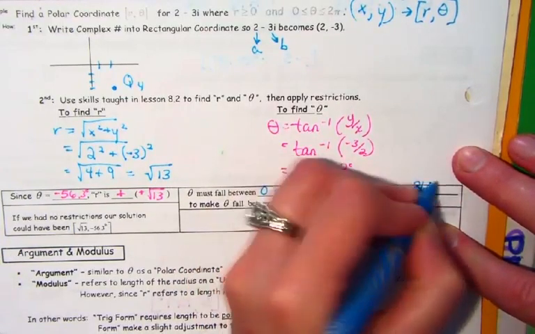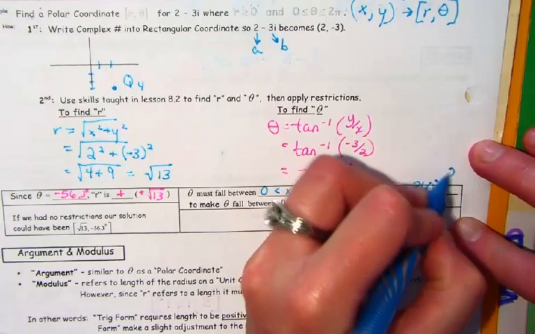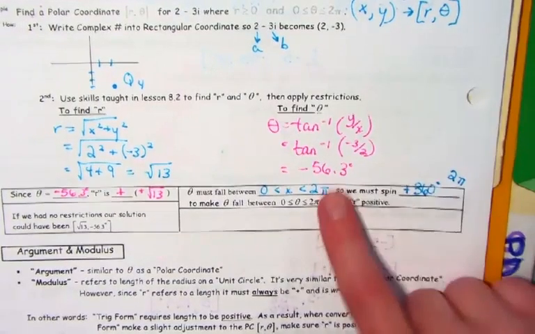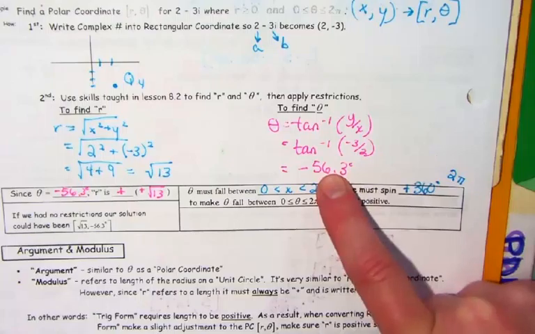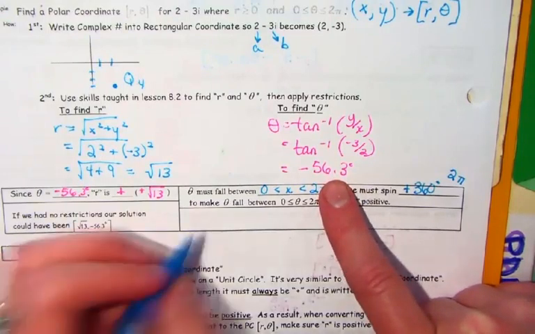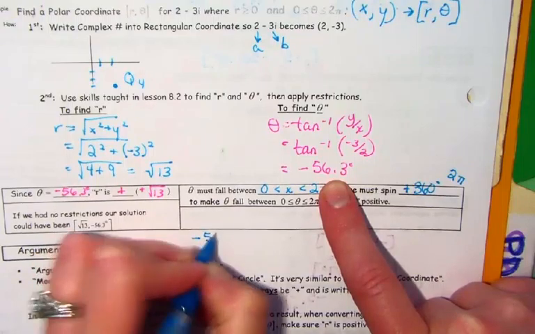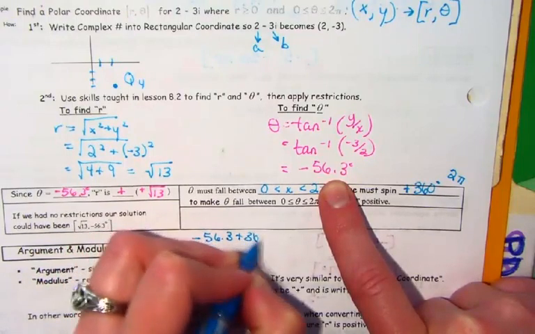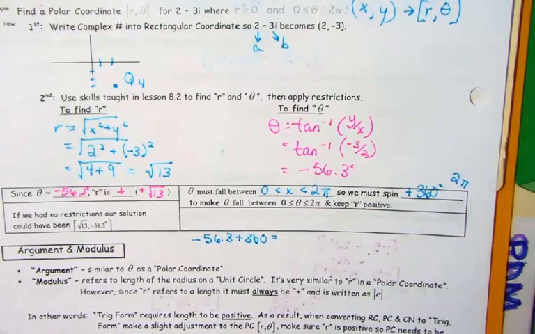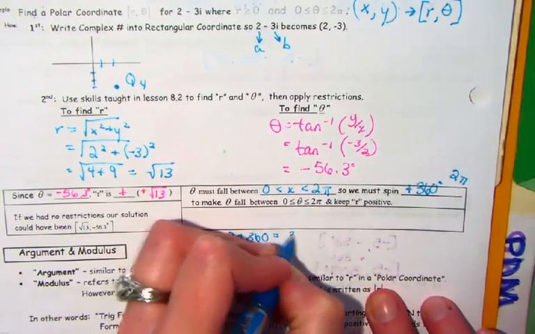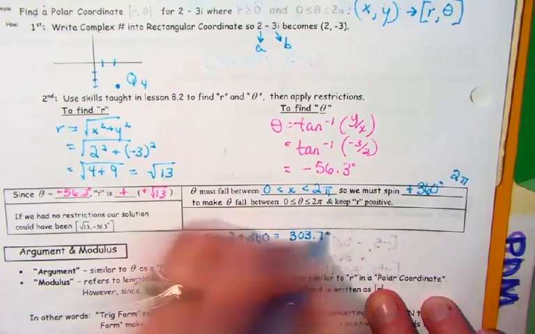So I'm going to add 360 degrees, or if we were in radians, I could add 2 pi. Negative 56.3 plus 360 gives a positive 303.7 degrees.